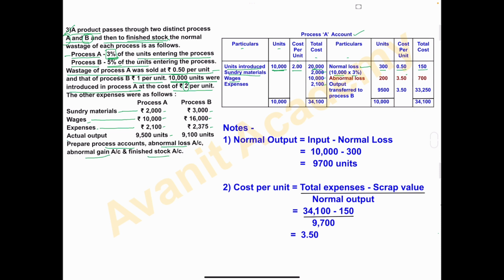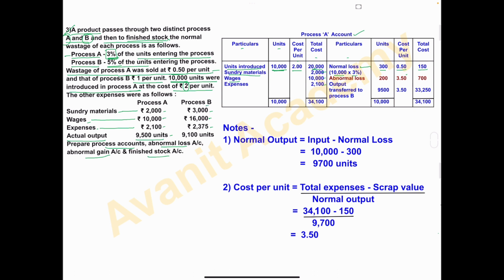Next, they have given actual output, we have to take. Okay, all the expenses we have taken and we have calculated normal loss also. So from process A, the output is 9,500. Whatever output we have got in process A is transferred to the next process, that is process B account.